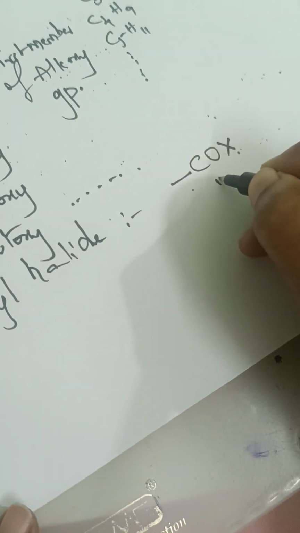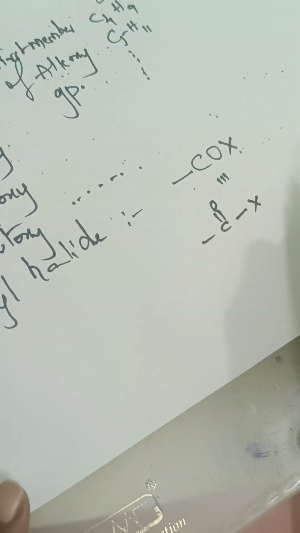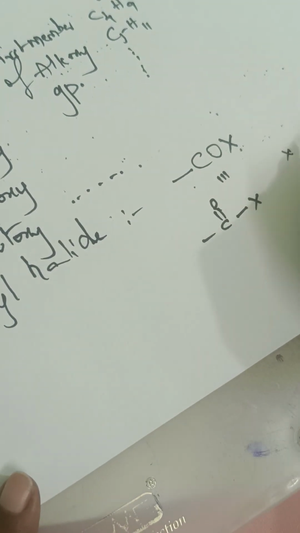We can also write this as C=O X. X is equal to fluorine, chlorine, bromine or iodine.